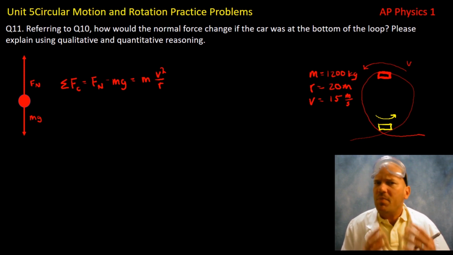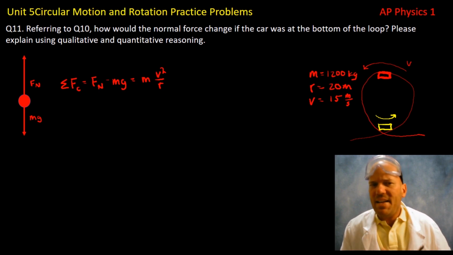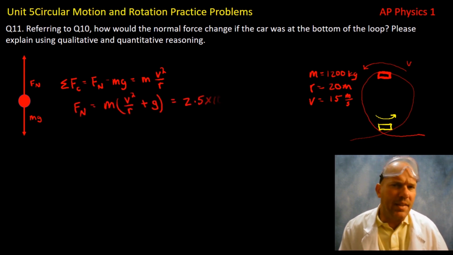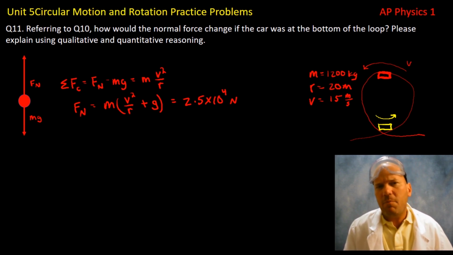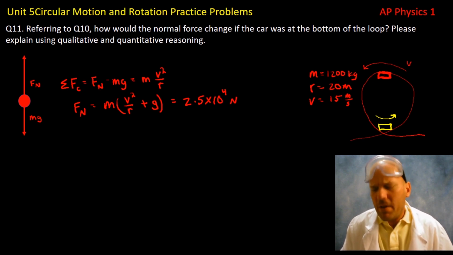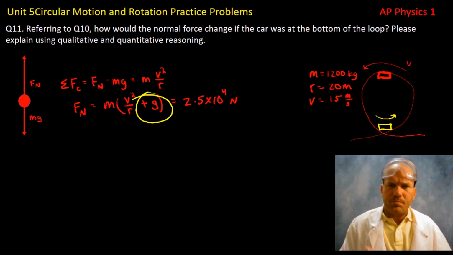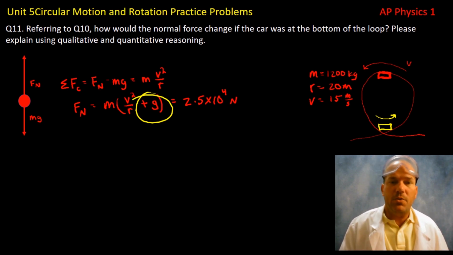So when we sum the forces inward, or centripetally, we get force normal minus the force of gravity equals mass times the centripetal acceleration. When we solve for force normal in this case, in contrast to question 10, and we factor out mass, we see that we're adding the acceleration due to gravity here. So we would expect an individual's apparent weight at the bottom of the loop to be much greater because force normal at the bottom of a loop is much greater.